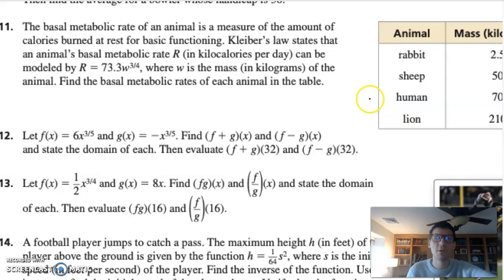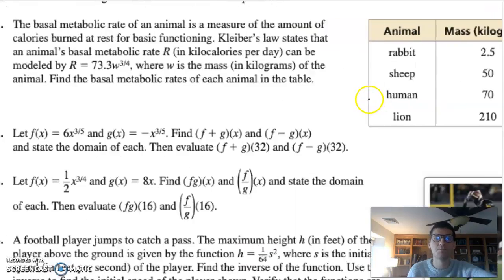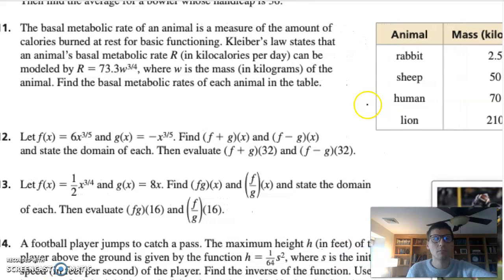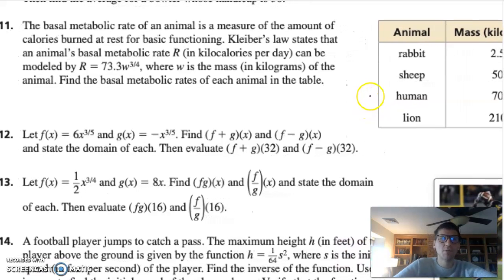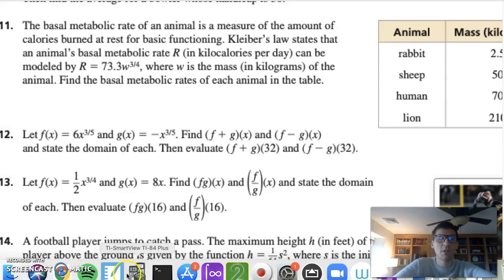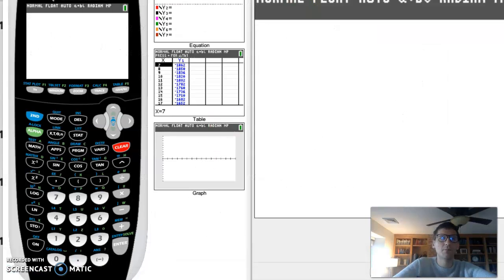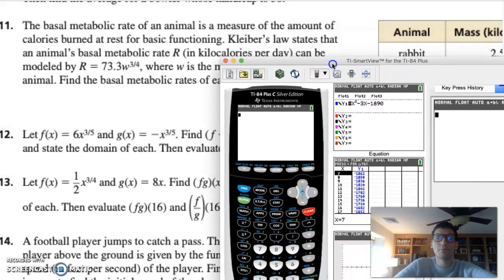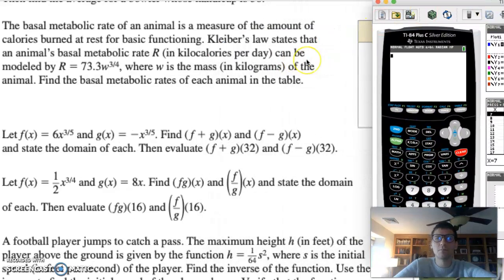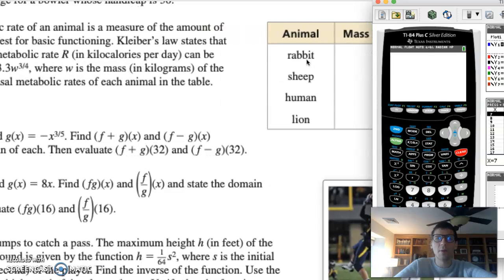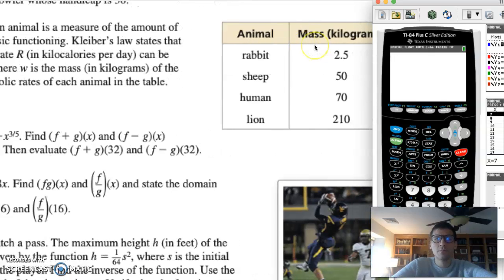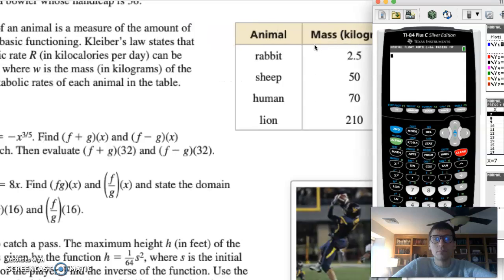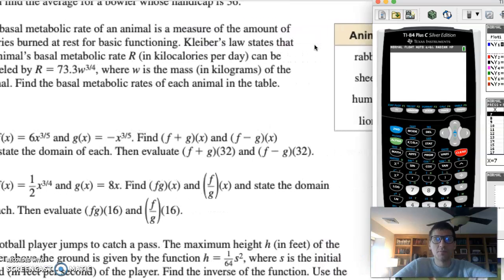So this is one where we would use our calculator. And I think it's mostly assessing our ability to evaluate rational exponents.